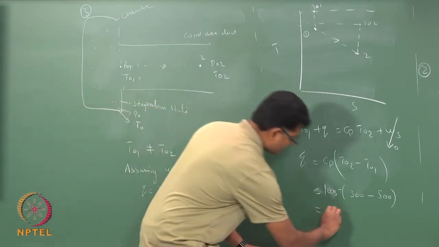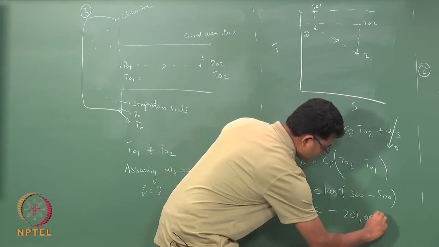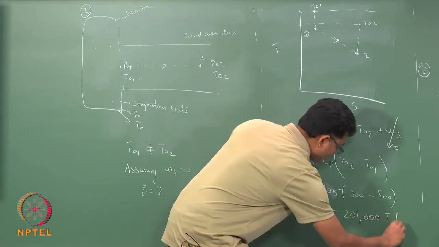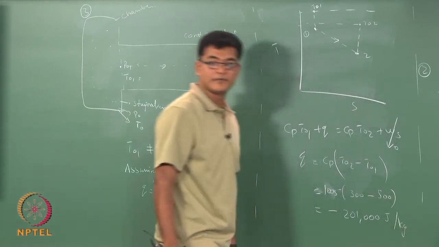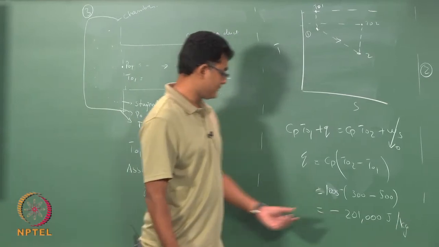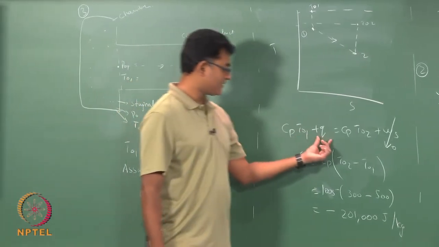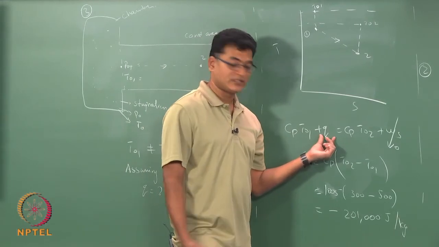This is minus 201000 joule per kg. So, this is a minus sign, which means Q, in this equation, Q is the heat supplied to the system.